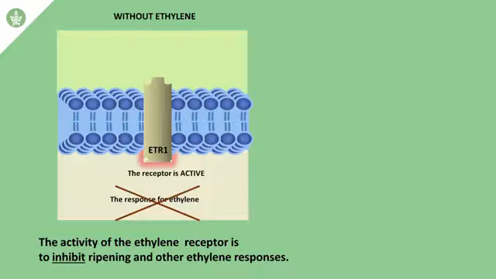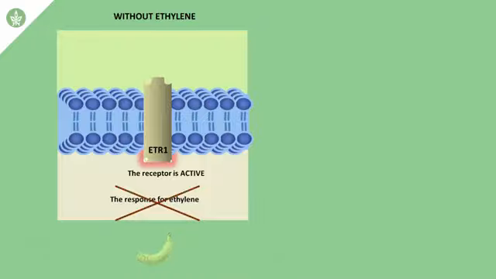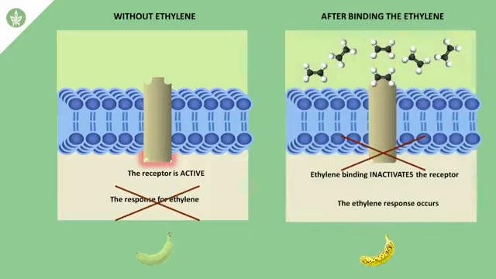What they're doing is they're inhibiting the ethylene response. What's the ethylene response? For example, fruit ripening or elongation in the dark. So in the absence of ethylene, the ethylene receptor is turning off the ethylene response pathway. Now, once ethylene is produced, it binds to the receptor, and when it binds to the receptor, it inactivates it.